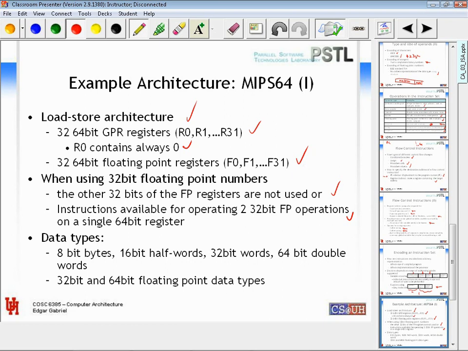That's, by the way, also something which was later introduced by Intel in the SSE instructions. The data types supported by the MIPS64 ISA are 8-bit bytes, 16-bit half words, 32-bit words, 64-bit double words, and 32-bit and 64-bit floating point data types. So please note that there are no 16-bit floating point numbers, right?